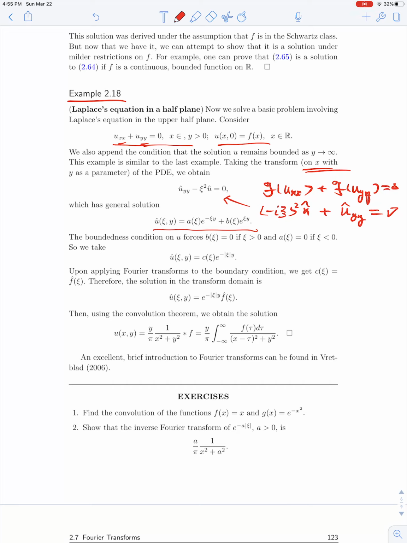Then you need to determine the functions a and b. Because we assume that the function remains bounded as y goes to infinity, we drop one of these terms.